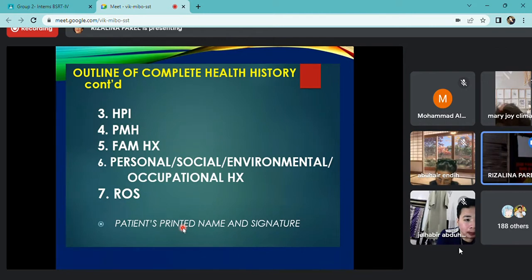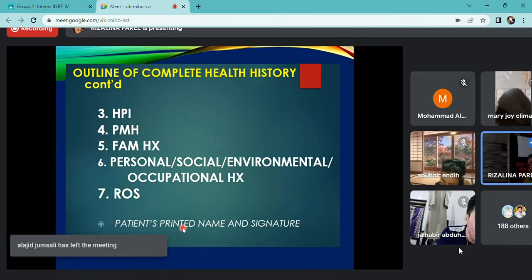Okay? Environmental din, kung saan sila nakatira, kung yan ba ay malapit sa pabrika, malapit sa mining, malapit sa kalsada, sa highway, exposed sila sa mga pollution and others, or malapit sa yung mga sunugan ng basura.